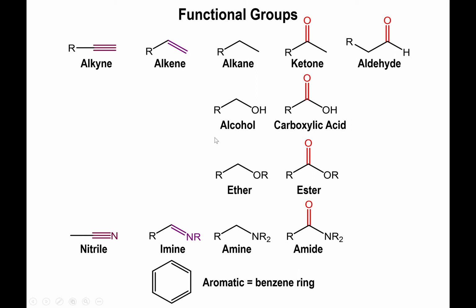And in the class, we're going to be focusing a lot on the alcohols, the alkanes, the alkenes, the alkynes, the ketones, and the aldehydes. In the second semester organic chemistry course, that's when you get to really emphasize the chemistry of carboxylic acids, the esters, the amides, and the amines, and also the aromatics. But we will talk a little bit about aromatics in this class, and to some extent, some of the carbonyl compounds will also be integrated in here.